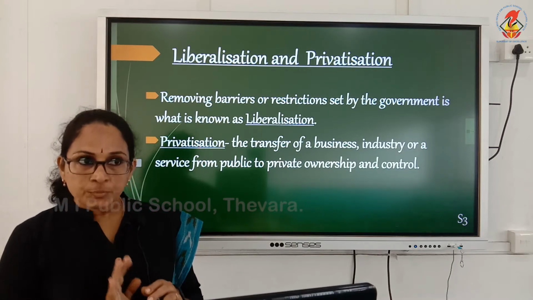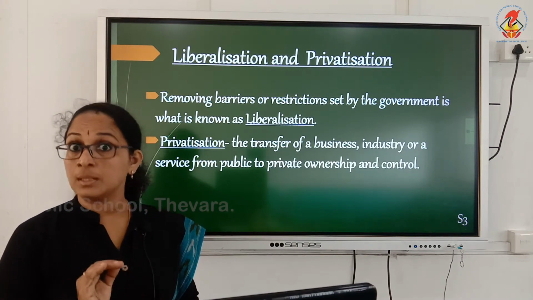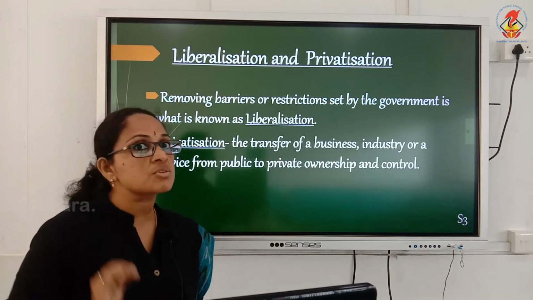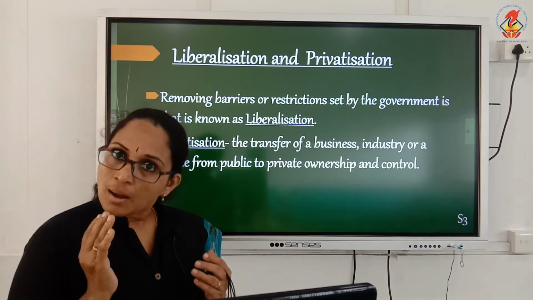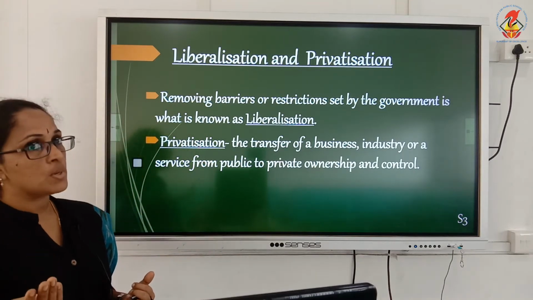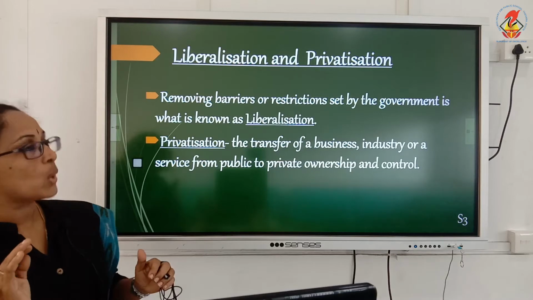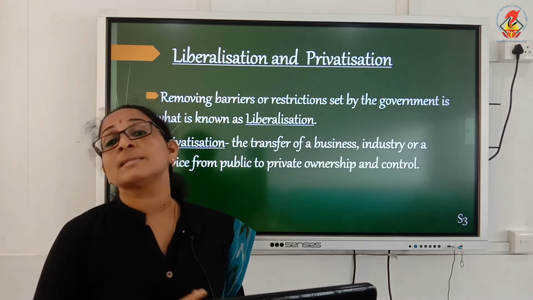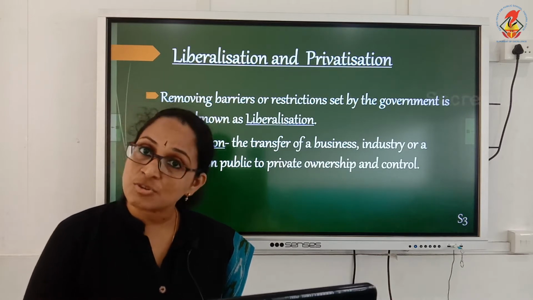That means before 1991, there were restrictions on international trade in India. But after adopting the new economic policy, India removed all the restrictions set by the government for international trade.